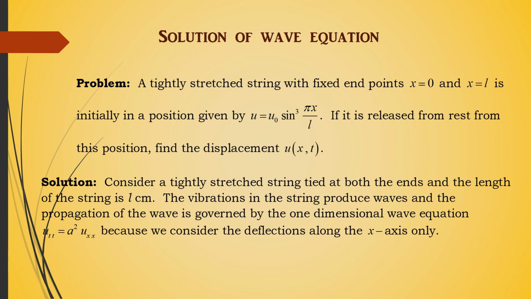By solving the one-dimensional wave equation under the given conditions, we find out the deflections or displacement made by the wave. The deflection or displacement made by the wave is represented by the symbol u equals u of x comma t.